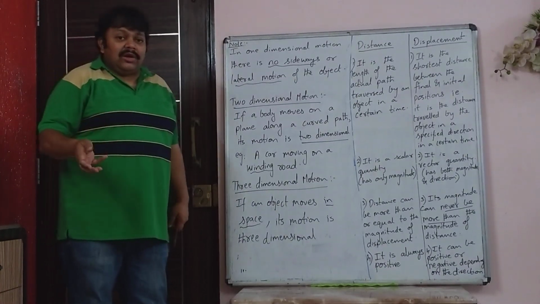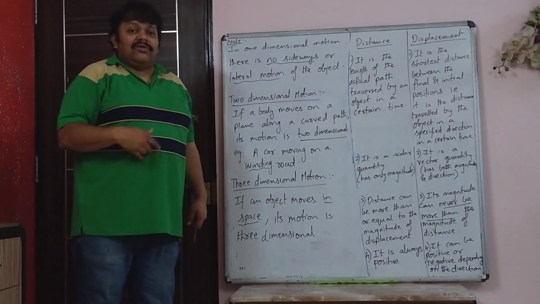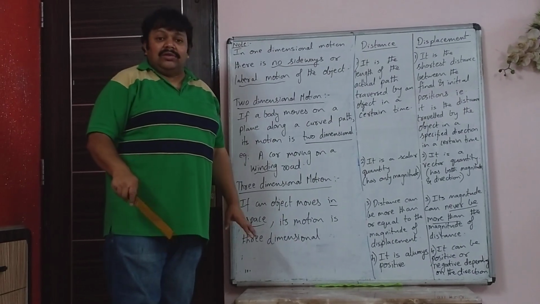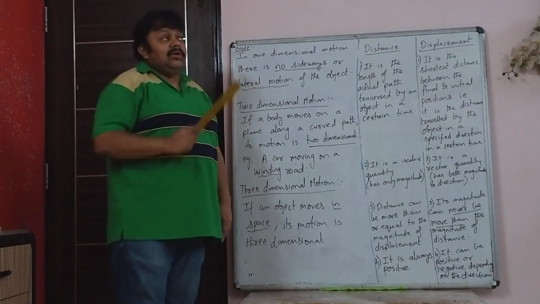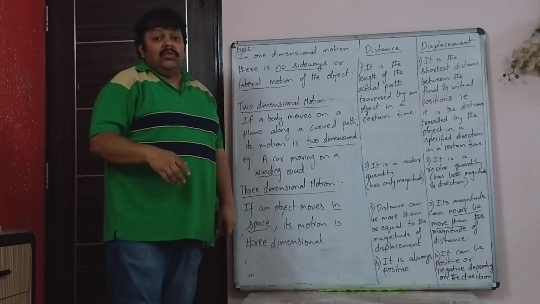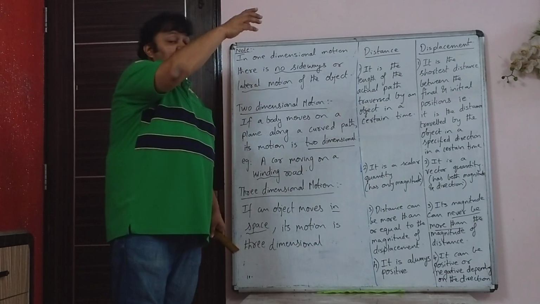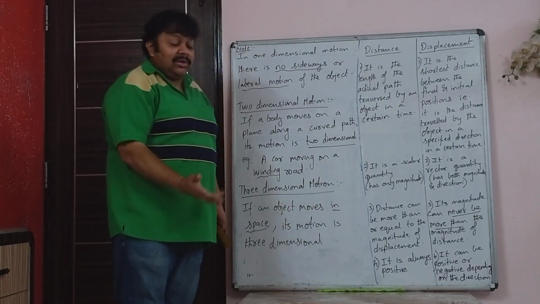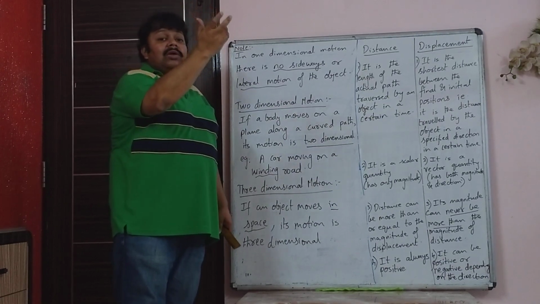So then what is three-dimensional motion? In the case of a plane, it will not be just x and y axes that show the location, but you will have to show the location in the upward direction also. It is moving straight, it can go curved, and at the same time it is lifting itself from the ground.